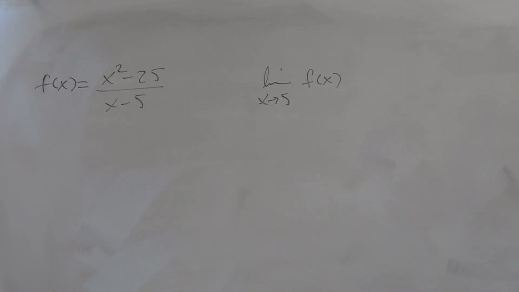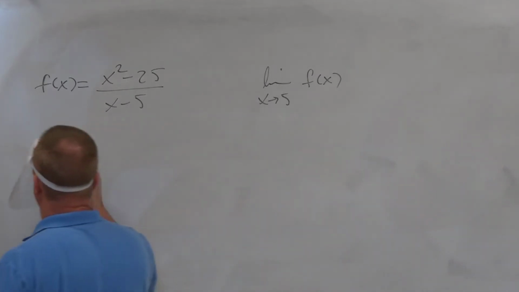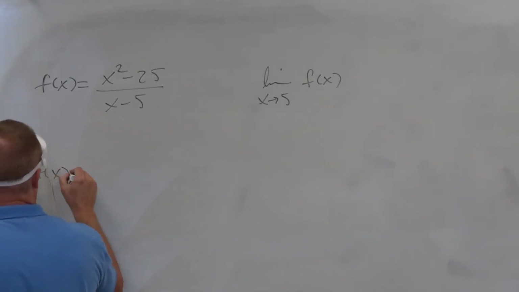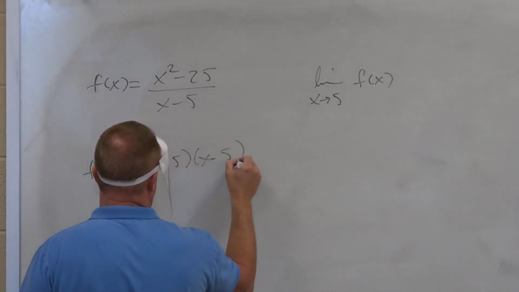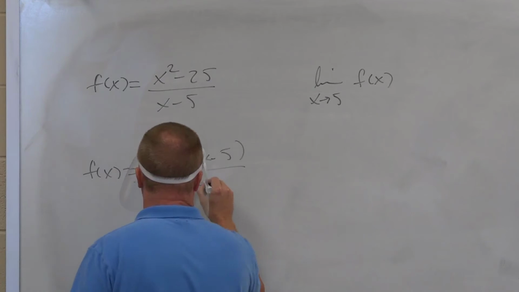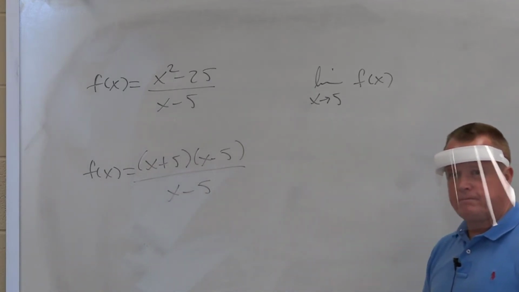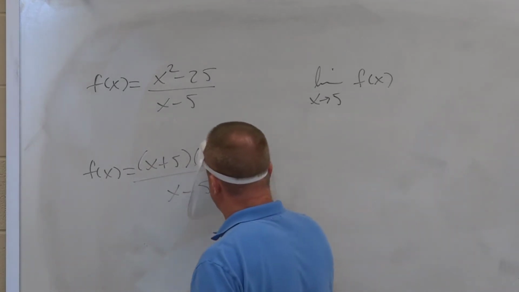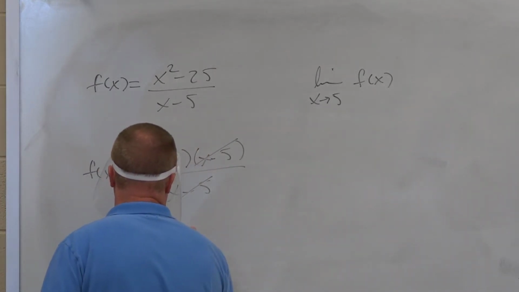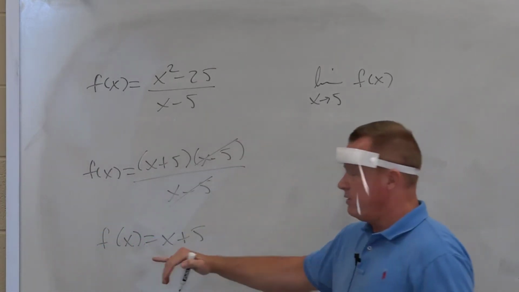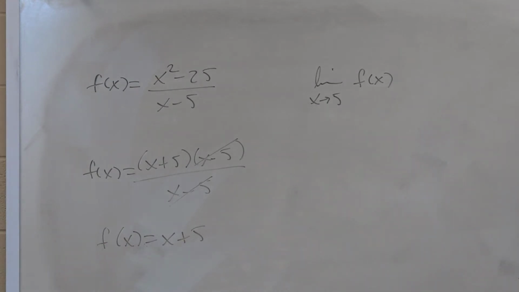Yes. The top is the difference of squares, and notice if you factor it, you get x plus 5, x minus 5 over x minus 5, and then what happens? Those will cancel, divide out, so you get f of x equals x plus 5. What is that the graph of? Just a line.